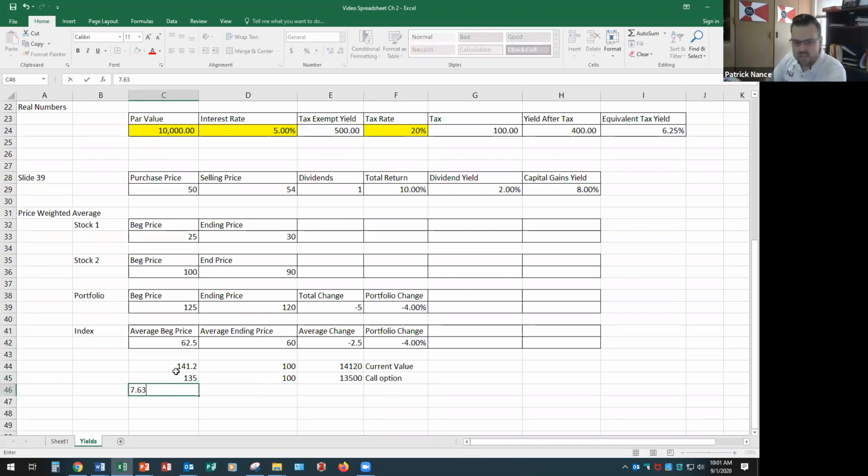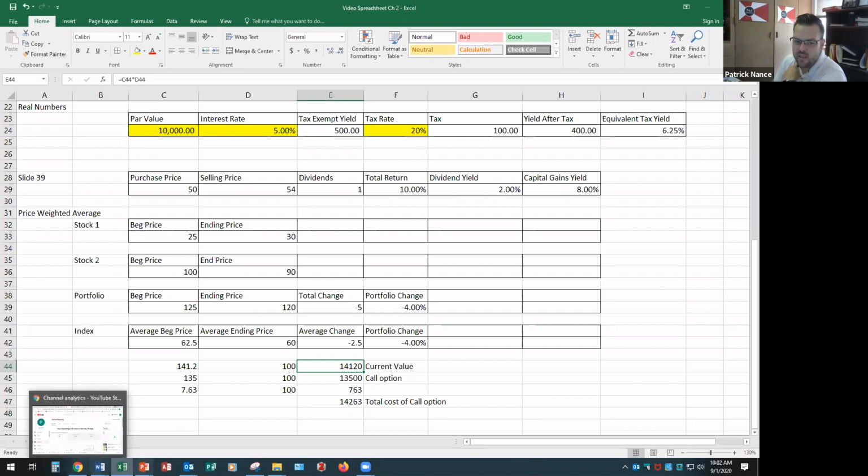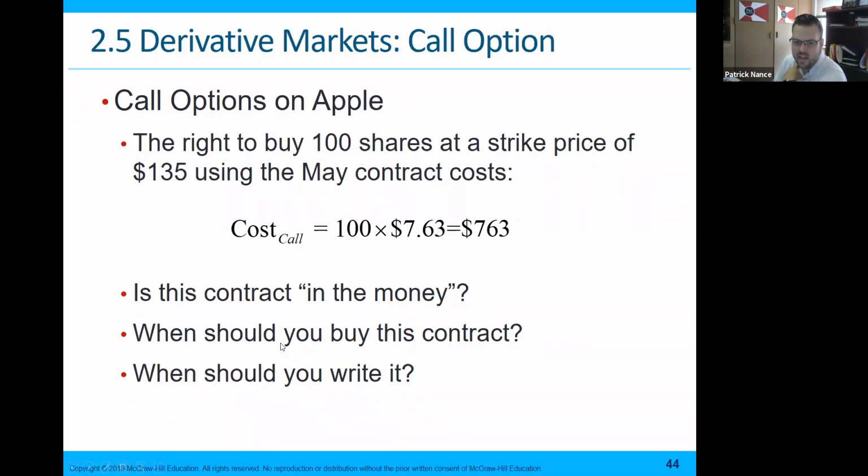That is 7.63 per share, so at 100 shares, the total cost of the call option is $13,500 plus $763, which is higher than the $14,120, so it is not in the money right now. Meaning if you bought it right now and sold it today, you would spend $14,263, but the value of it is only $14,120, so you would lose money on that call option if you bought and sold it today.